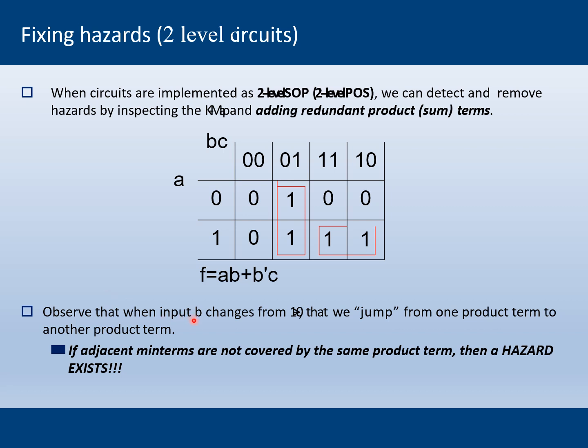Observe that when B changes from 1 to 0, we jump from one product term to another product term. If the adjacent minterms are not covered by the same product term, then we conclude that a hazard exists.